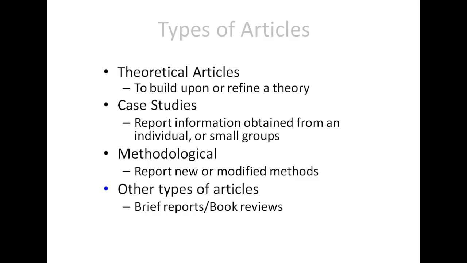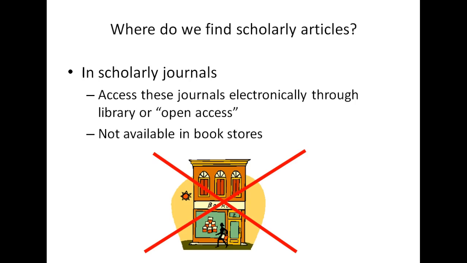You also might see theoretical articles, case studies, methodological reporting on new or unique ways of measuring behavior, for example, or experiences, or other types of articles that we can see in scholarly pieces of research or journals might be brief reports, editorials, book reviews. Again, these are not going to be useful for us. We'll be referring to the empirical article, and therefore I'll refer to those as primary or journal articles.